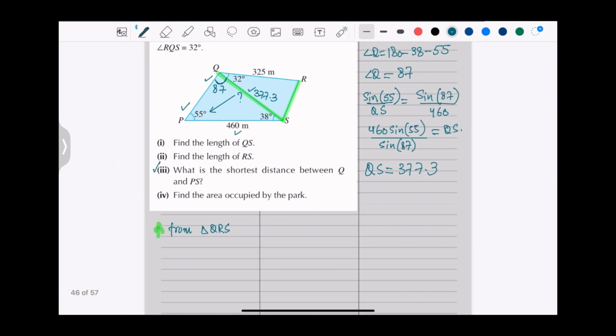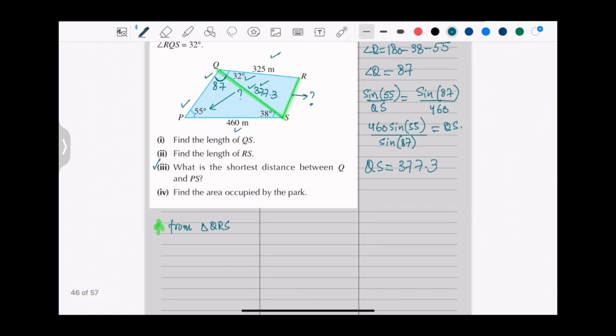now as you could see that this is the side that you're to find out and the rest of the two sides are given now and included angle. So this is cosine rule. So I write RS squared is equals to 377.3 squared plus 325 squared minus 2 times 377.3 times 325 cos of the included angle 32.